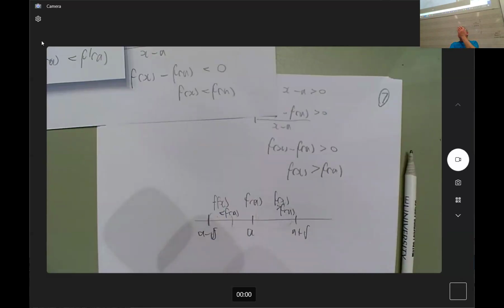Do you know what? I don't think it's true. When you say something's differentiable, does that mean that the derivative is continuous? No, it just means the derivative exists at every point, yeah?